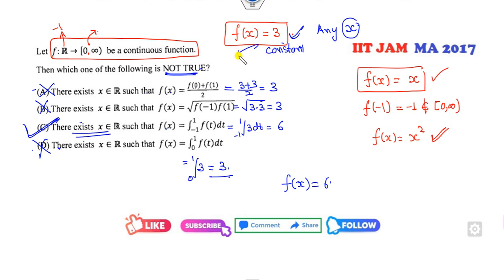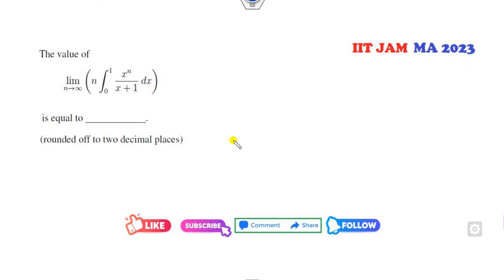Always consider the function which is much easier. You may consider this function, but that will take a lot of calculation as well. Okay, look at this another one. That's the easiest tip I will give. There is no need to solve them. Whenever you have the integration of x to the n times f of x dx, the answer is always 0.